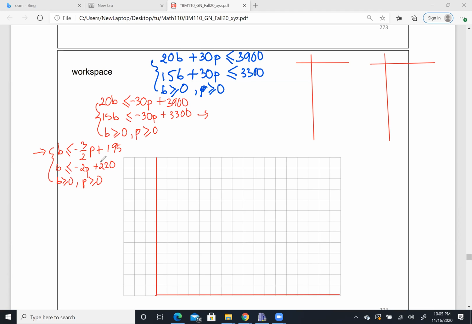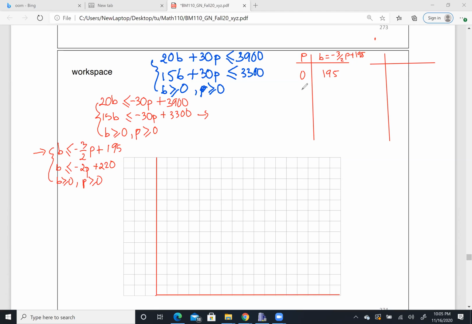Okay, so now for the first one, if I say P equal to 0, then B equals negative 3/2 P plus 195, so B is equal to 195, right?